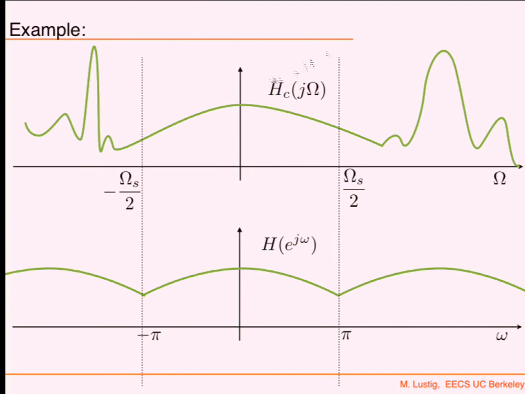So if this is H_c(jΩ), my H(e^{jω}) of that discrete to discrete system is really just this portion that is being replicated. So this portion from minus Ω_s over 2 to plus Ω_s over 2 will be transformed into minus pi to pi in the discrete domain. The rest don't exist because I don't have signal there, and it's just going to be multiplied by 0. Does this make sense?